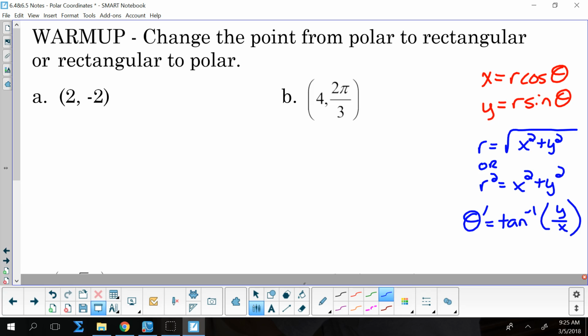So I'm going to be using the blue ones. So that's going to tell me that my R value is going to equal the square root of 2 squared plus negative 2 squared.